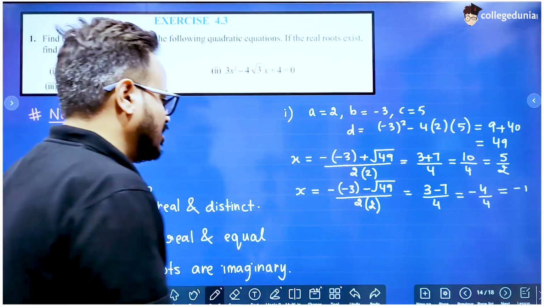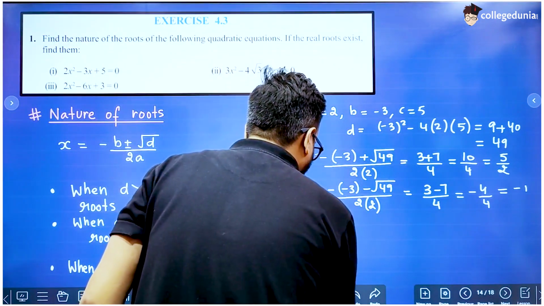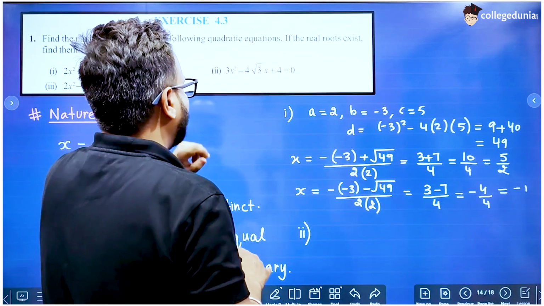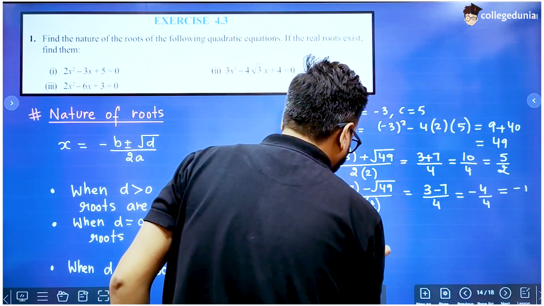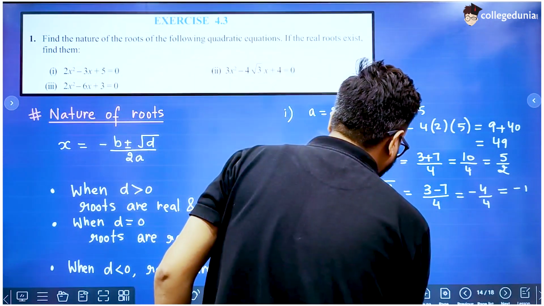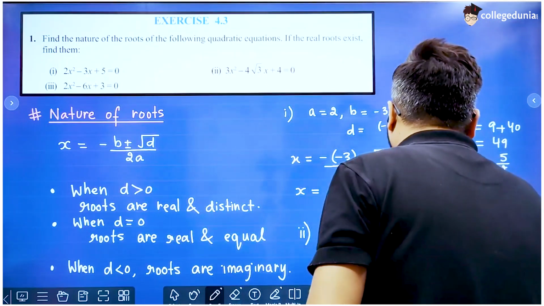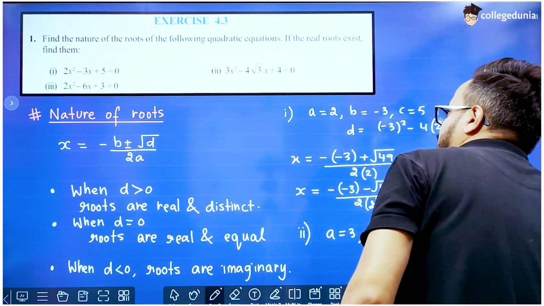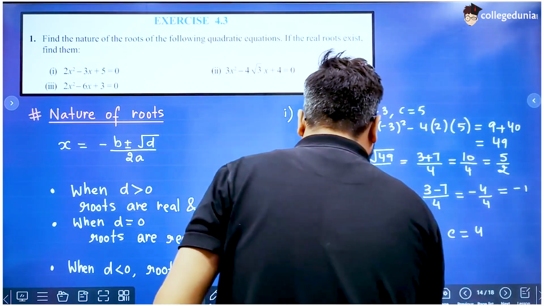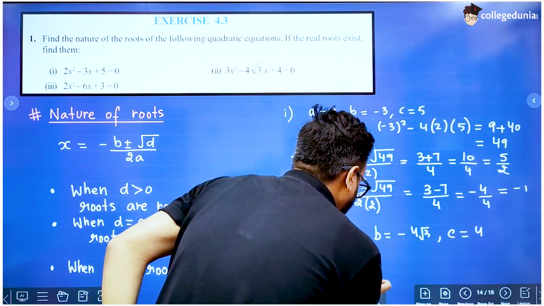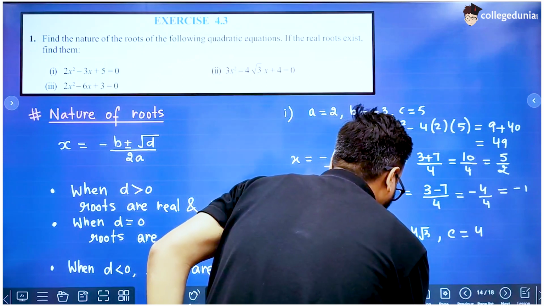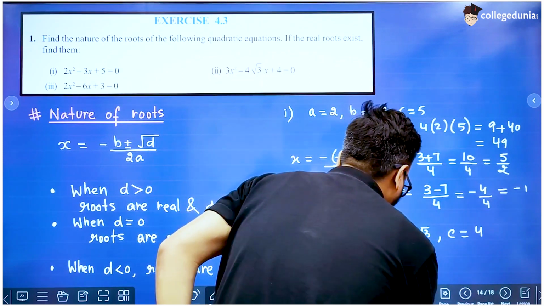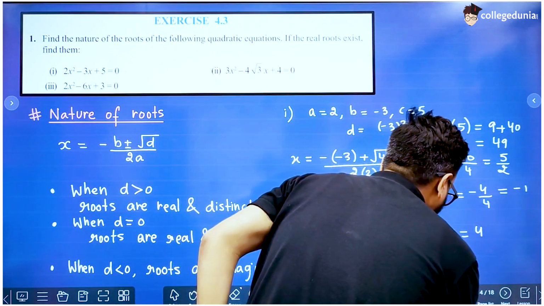Now let's take the second equation. In the second equation we have a as 3, b as minus 4 root 3, and c as 4. So D is b square minus 4ac.